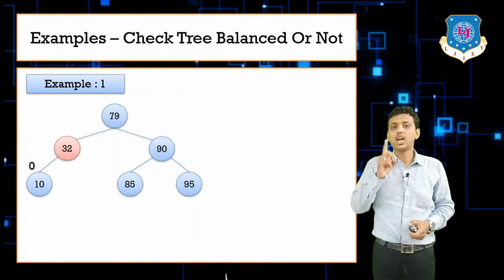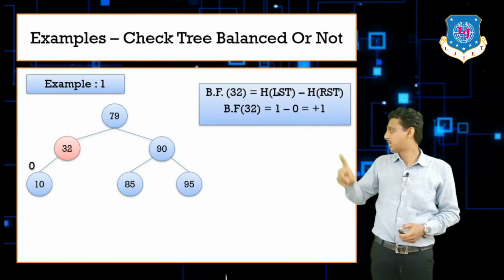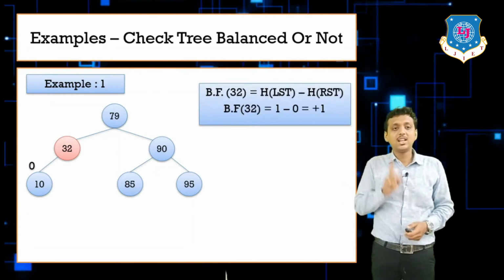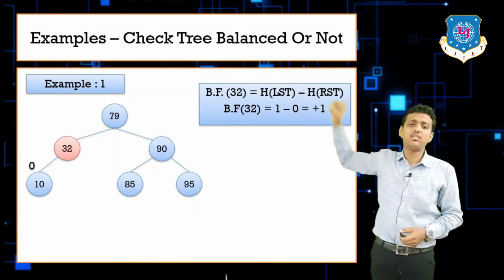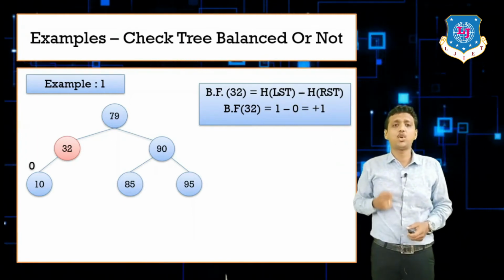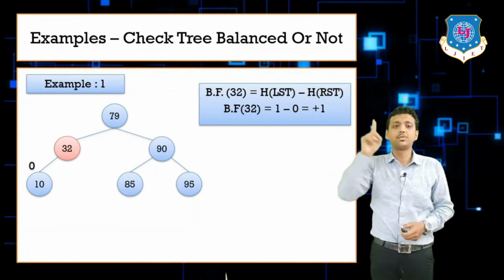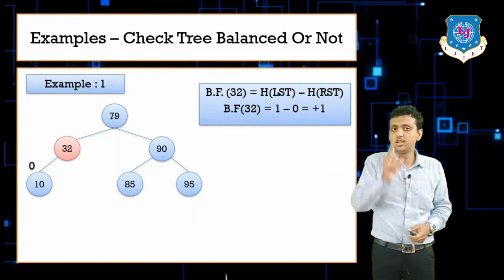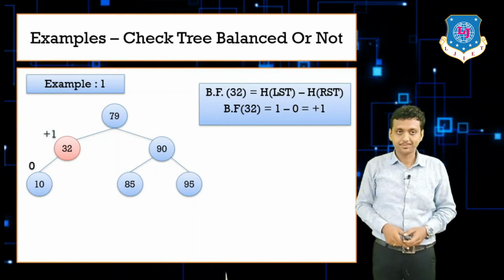For node 32, the height of the left subtree is 1 and the height of the right subtree is 0. If you want to find the balancing factor for node 32, then it must be height of LST, that is 1, minus height of RST, that is 0. So 1 minus 0 becomes plus 1.